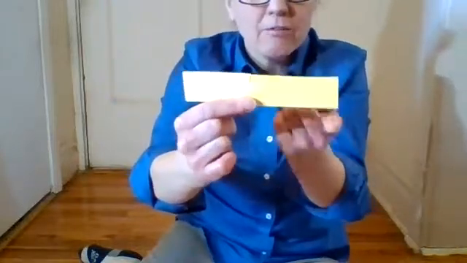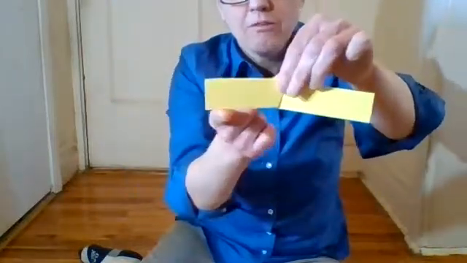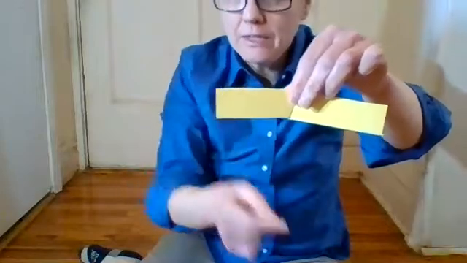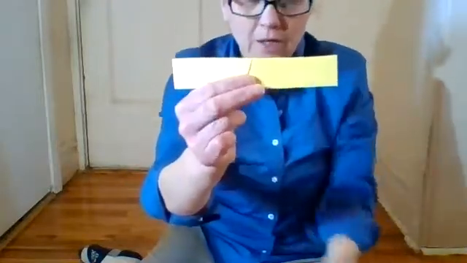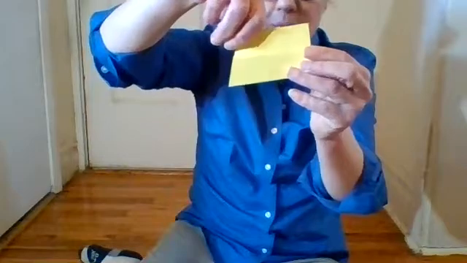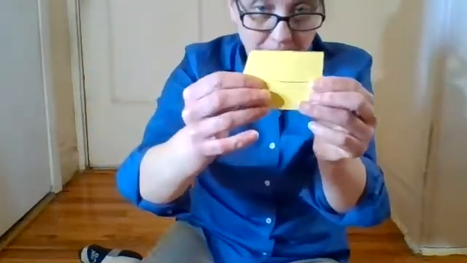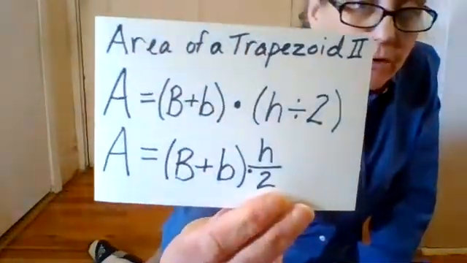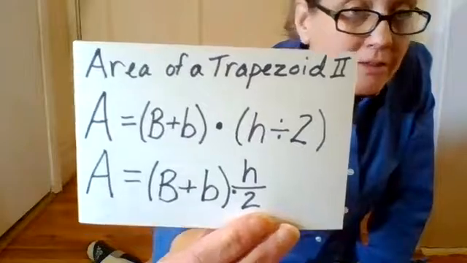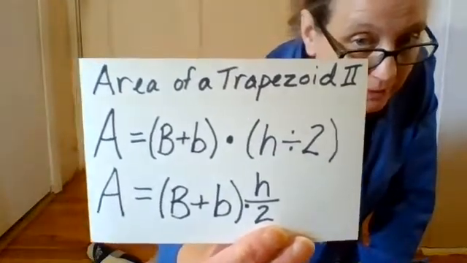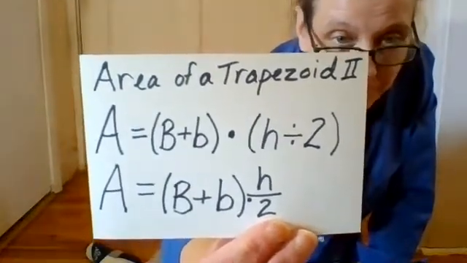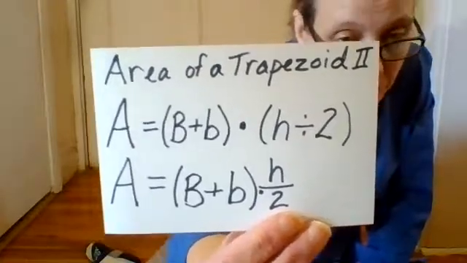So I have big base plus little base times half of the height, and that is the area of the trapezoid that I began with. So that is the second way of figuring out the area of a trapezoid. So we have the area equals big base plus little base times the height divided by 2. Another way to write that is big base plus little base times half of the height.